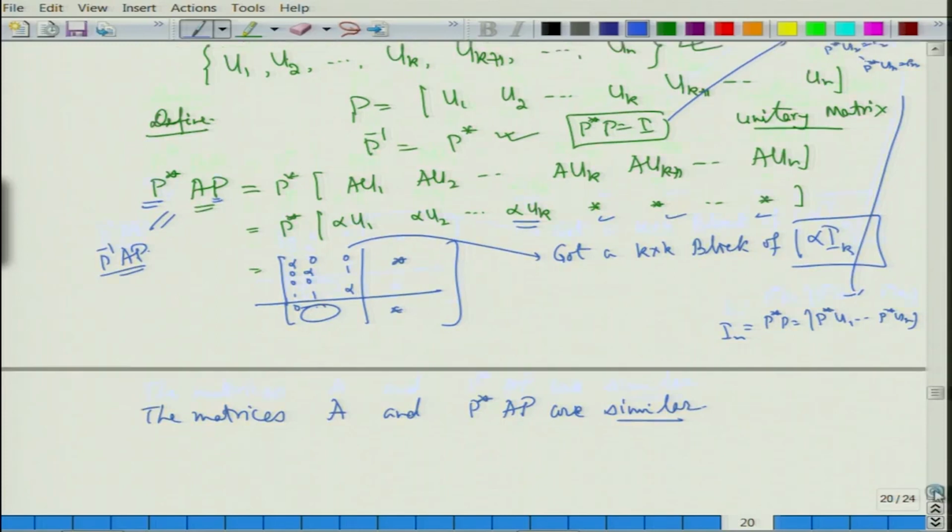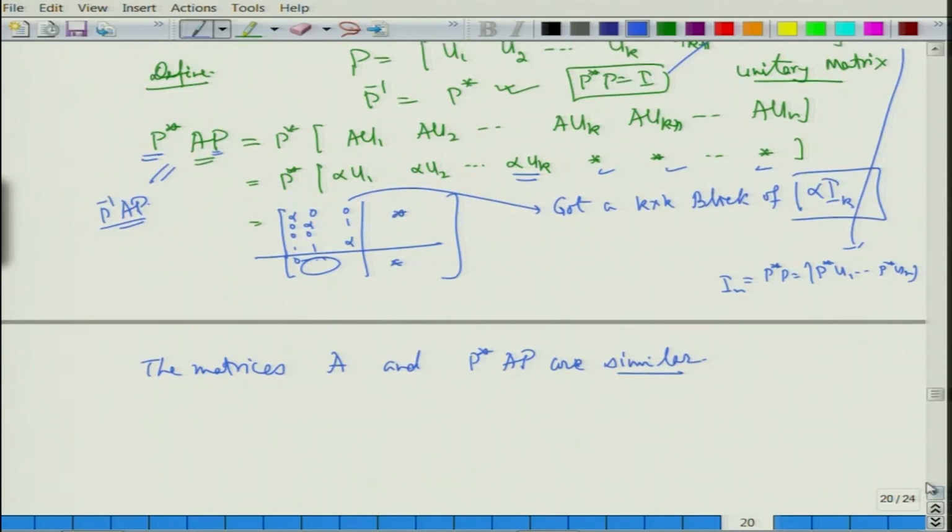Since they are similar, it means that they have the same characteristic polynomial, the algebraic multiplicity is the same, the geometric multiplicity is the same, and so on. So this implies the characteristic polynomials are the same.